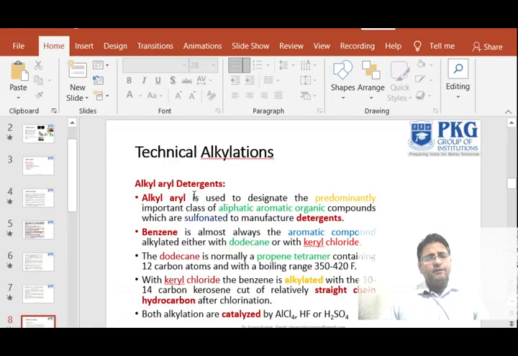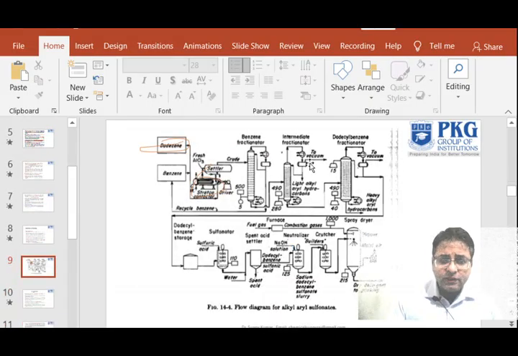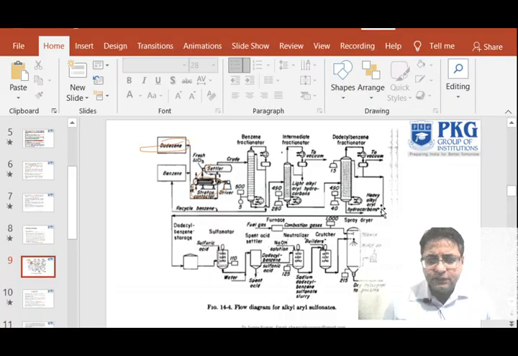And what are the different technical alkylations we have discussed? We have produced alkyl aryl detergents, and generally the reactants are benzene and dodecene, and we are using aluminum chloride as a catalyst. And this is our flow sheet for producing detergent.